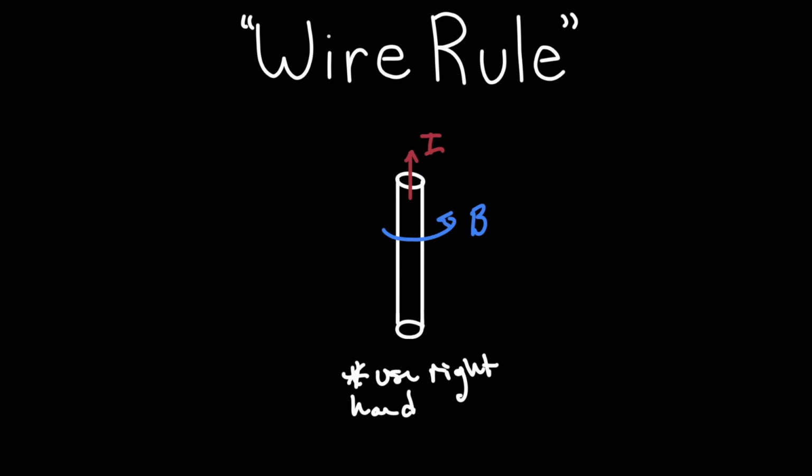And so the way that we can figure that out is, take your hand, put it around a pencil, like so, and then what you'll see is that your fingers trace the path of the magnetic field here, and your thumb indicates the direction of current right here. So try that out with a pencil, and you can see that will work. It's important to always use your right hand, because that's the right hand rule.